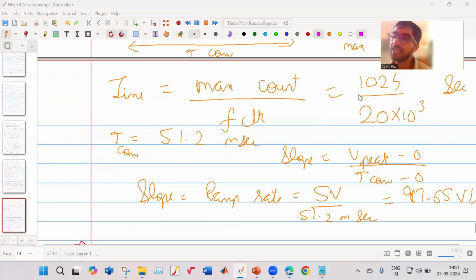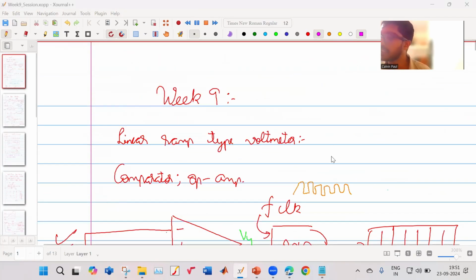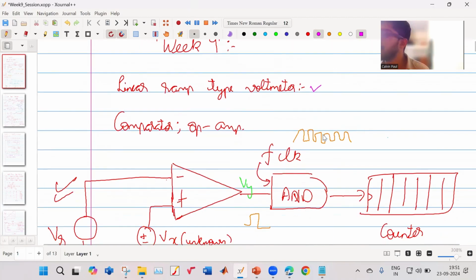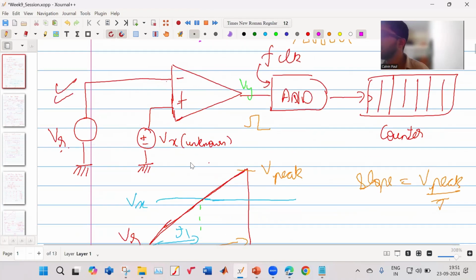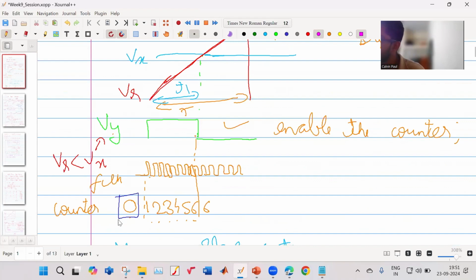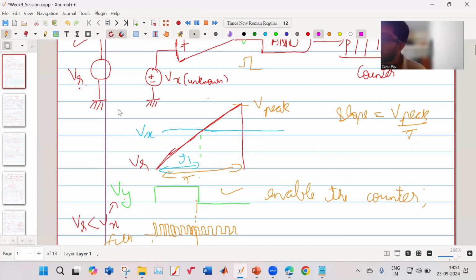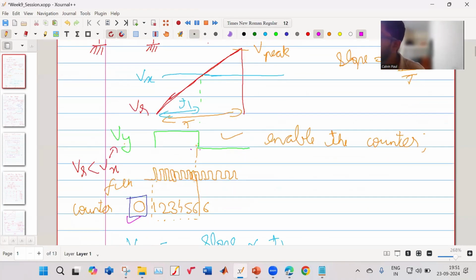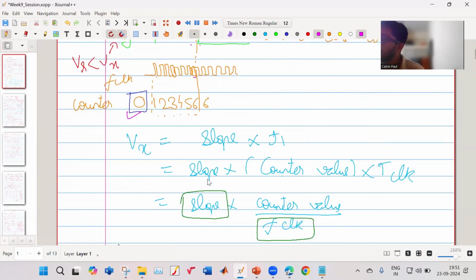We'll just have a brief recap of what we did today. First is the linear ramp type voltmeter. We are using a comparator and op-amps, an AND gate, and a counter. The counter must start from 0. As long as your ramp is less than your Vx, the counter is enabled and counts the number of clocks which come, and based on that we tell the value of Vx.